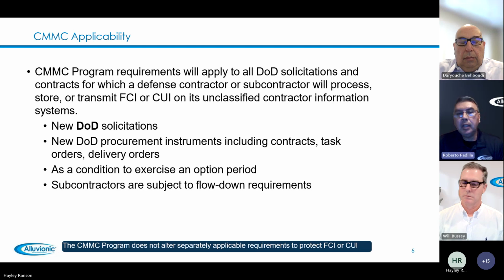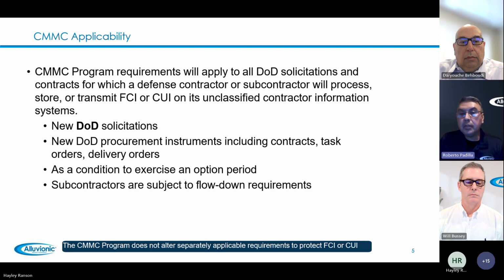So what does CMMC apply to? It's going to apply to all DoD solicitations and contracts where a defense contractor or a subcontractor will process, store, or transmit FCI or CUI on its own contractor unclassified information systems. CMMC requirements must be met for all new DoD solicitations issued after the full CMMC implementation, and any new DoD procurement instruments, to include contracts, task orders, and delivery orders.